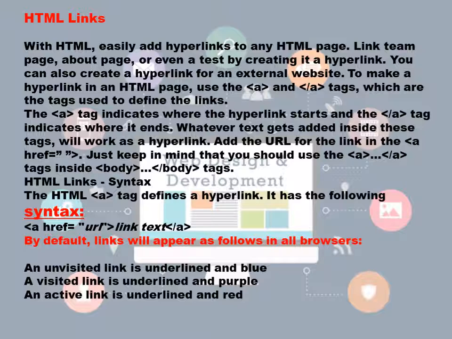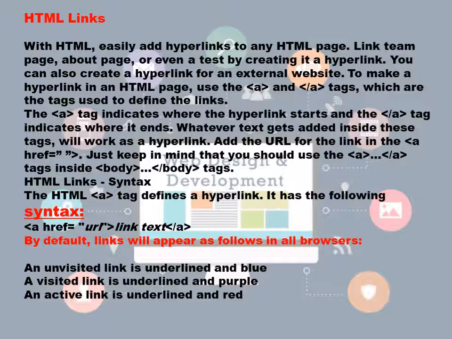To make a hyperlink in an HTML page, use the A tag, that is the opening and the closing of the A tag. It is called an anchor tag, which is the tag used to define the link. The anchor tag indicates where the hyperlink starts, and the closing of the anchor tag indicates where it ends.